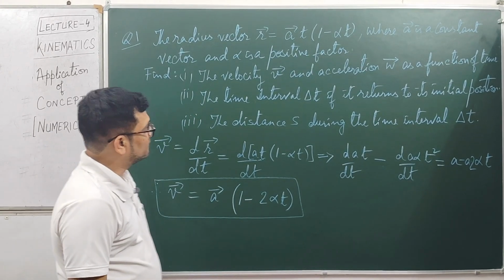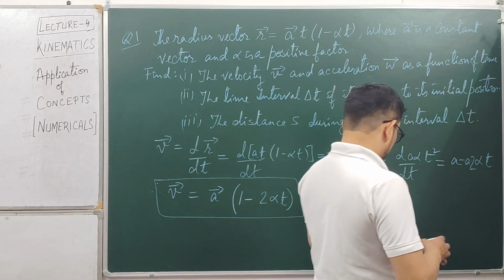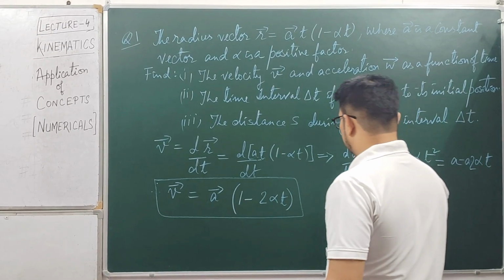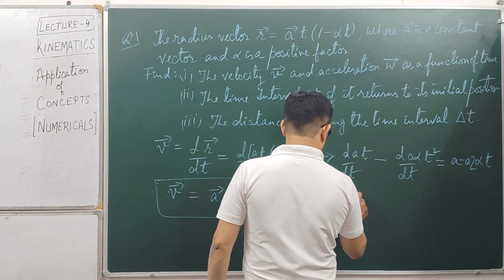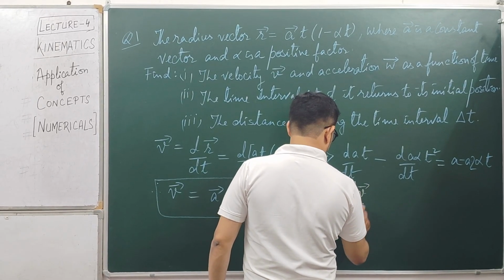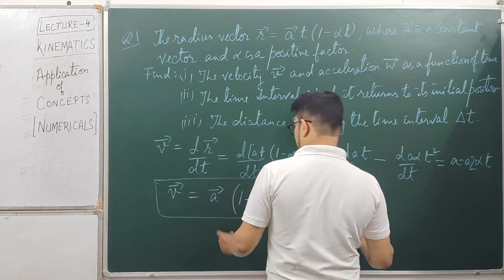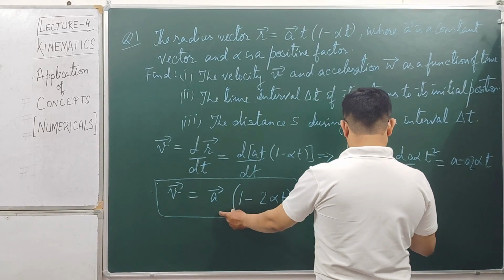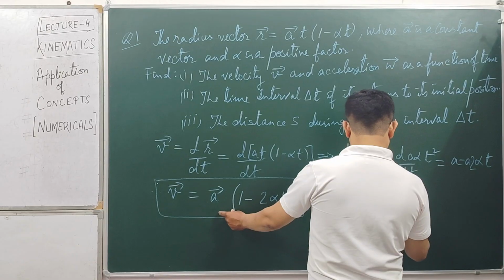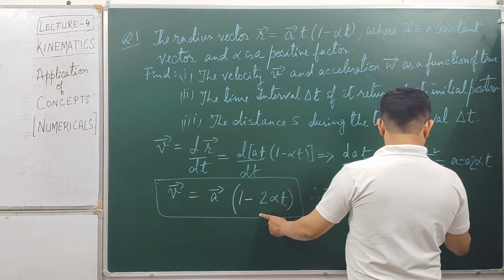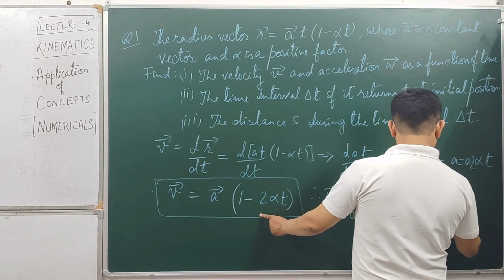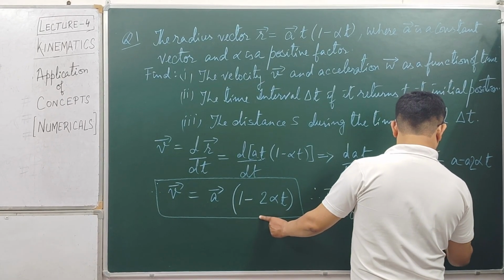Then it says find the acceleration. So we just need to differentiate again. Therefore, acceleration w is dv by dt, which comes out to be da over dt minus d(2 alpha t) over dt.